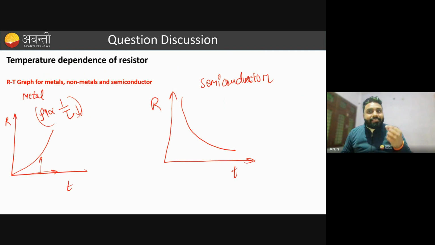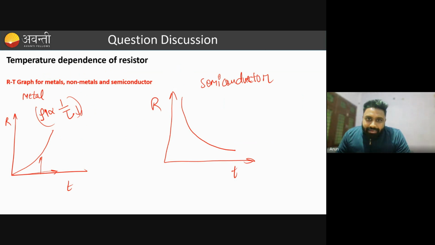So initially there is no electron in the conduction band. If you increase the temperature, if we supply the energy to the semiconductor, the number of electrons, or the electron density, in the conduction band would increase. Although the relaxation time is also decreasing, which is a crucial factor, because if relaxation time decreases, it will increase the resistivity.